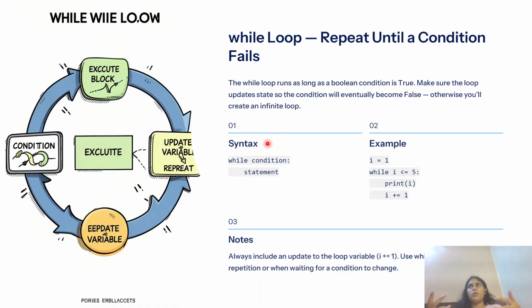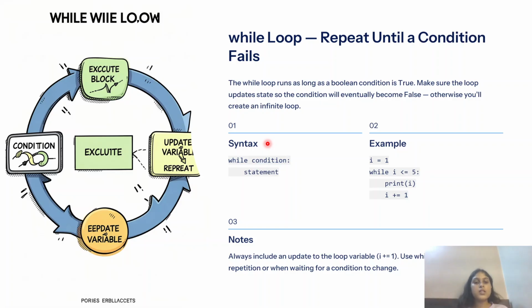Maybe once, maybe twice, maybe 5 times. Since we don't know beforehand, the for loop isn't the best choice, right? This is where the while loop comes into the picture. The while loop executes a block as long as the condition is true. Unlike the for loop, the while loop is condition-based rather than counting-based.